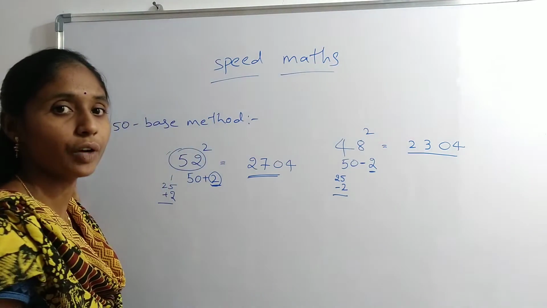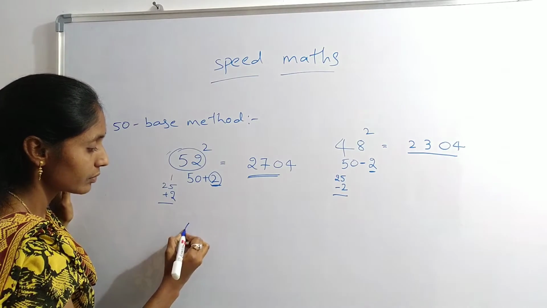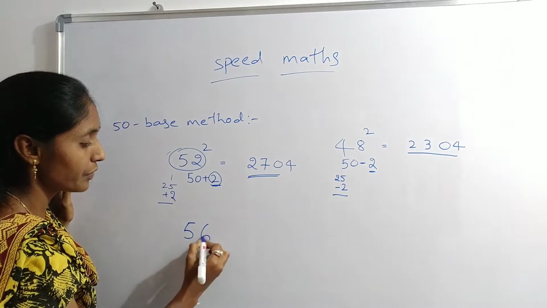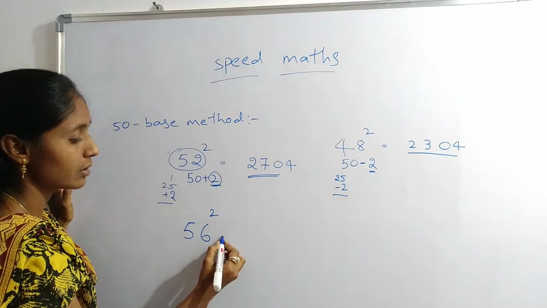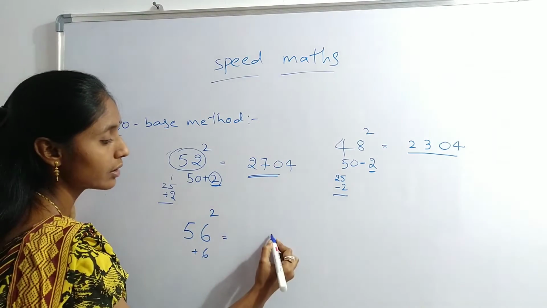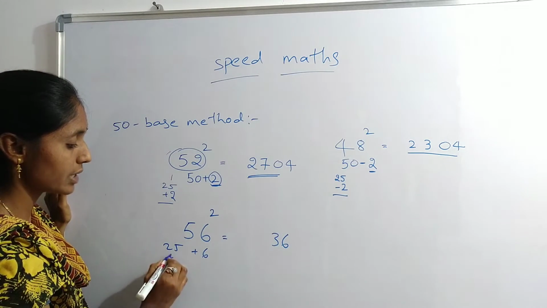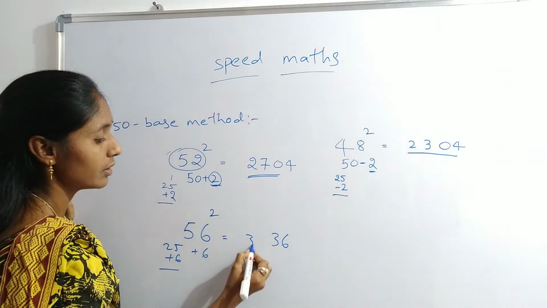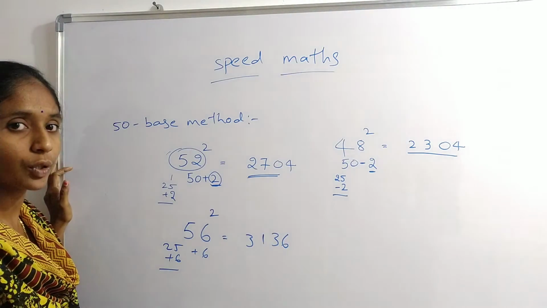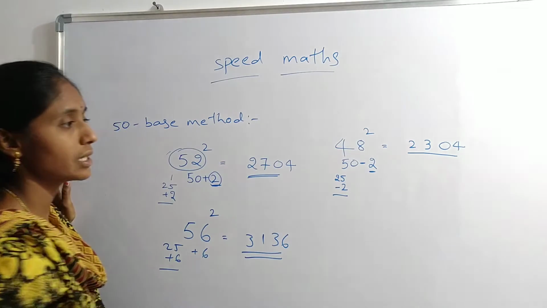That is the square value of 48. Another example, 56 square. That is 50 plus 6. 6 square is 36, 25 as constant, add 6 to 25, 31. So the 56 square value is 3136.